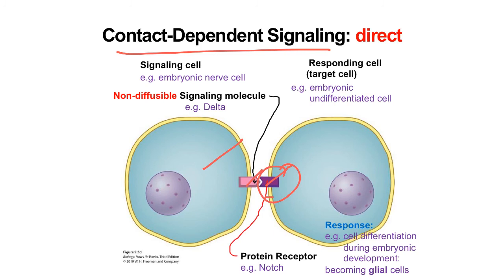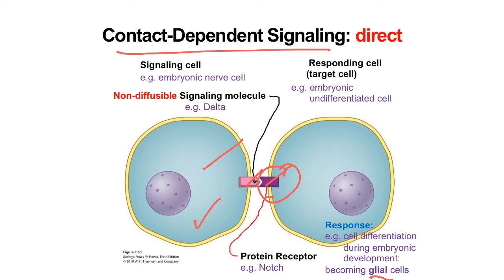And as a result, the notch-expressing cells become supporting cells. They differentiate during embryonic development to form supporting cells called glial cells and not neurons, whereas the delta-expressing cells would develop into a neuron.